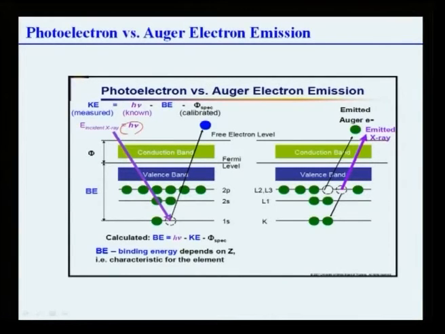The work function is basically because of the machine. But in AES what is happening, you have created a hole, because of this hole an electron from L23 jumps and then an X-ray is emitted. This X-ray then ejects another electron from the L3 shell, and this electron is known as the Auger electron. So the kinetic energy obviously will depend on K, L1 and L23, and that's how we calculated it earlier also.